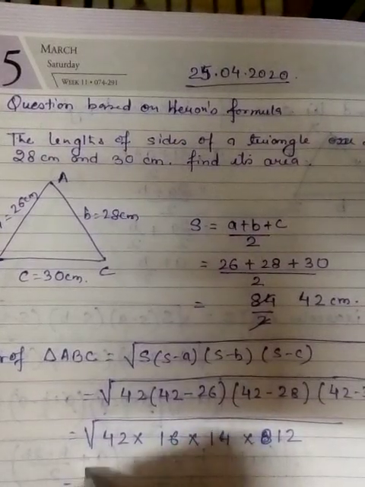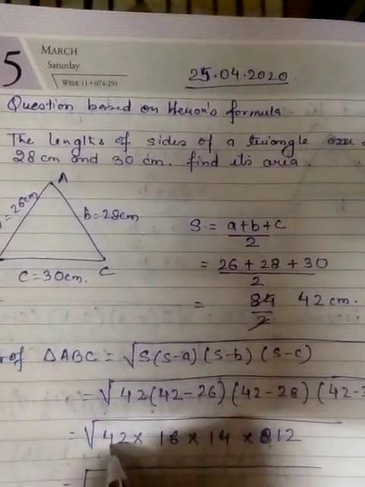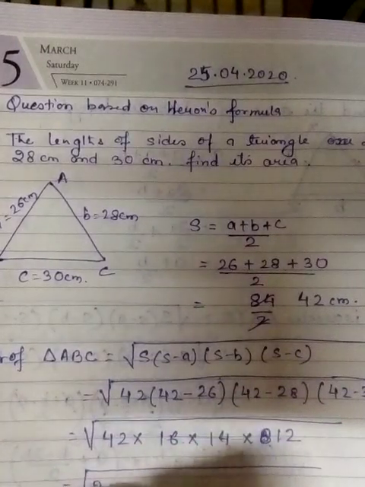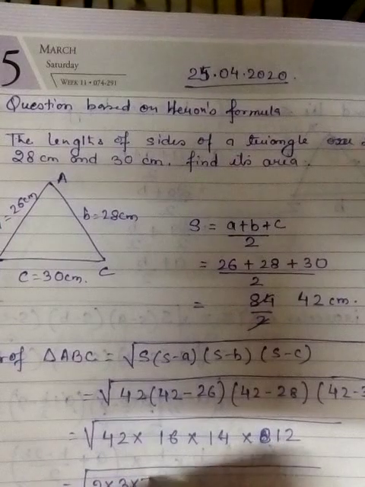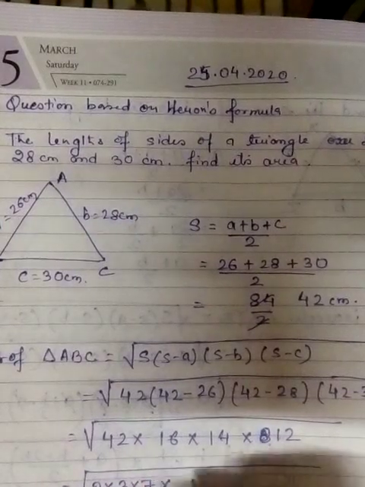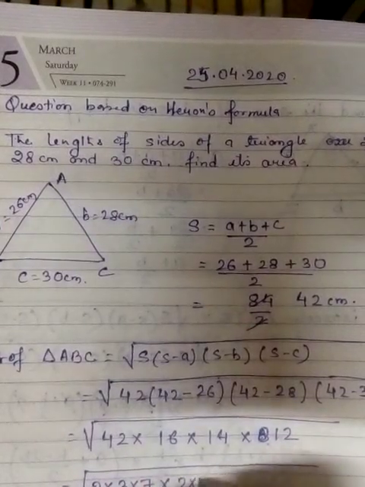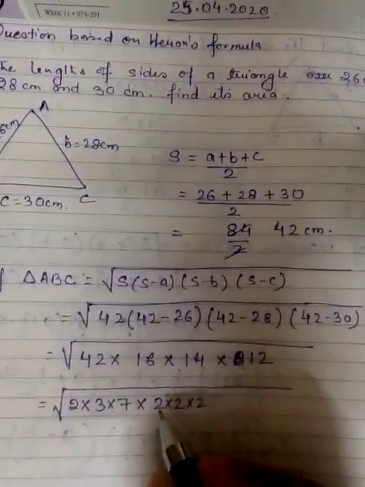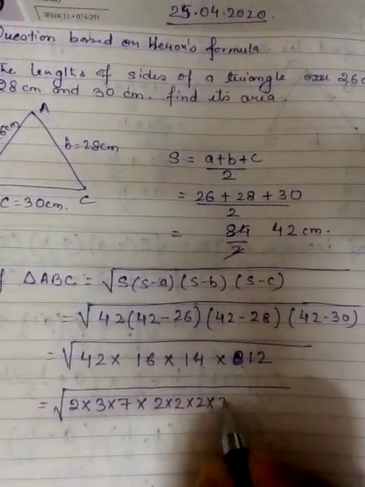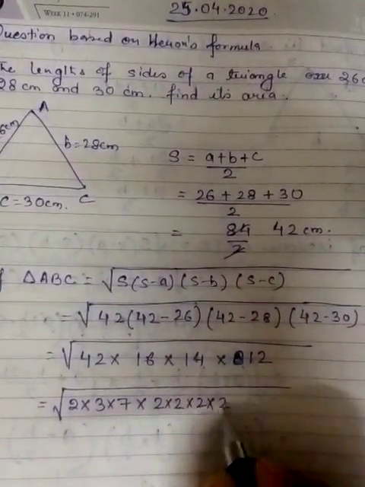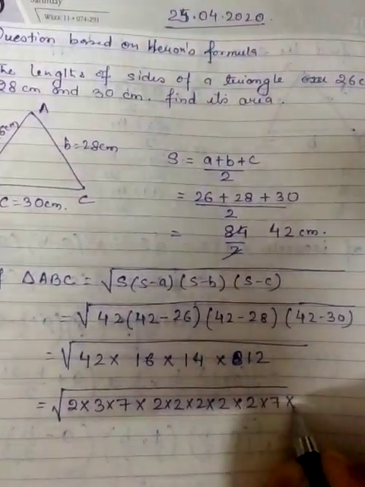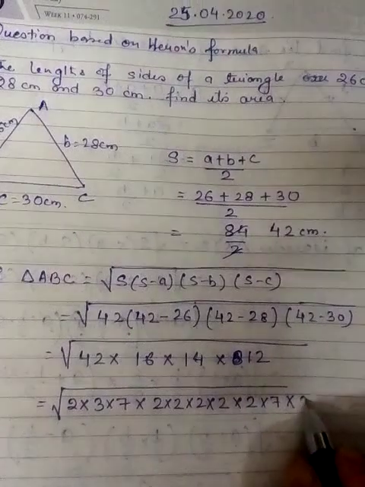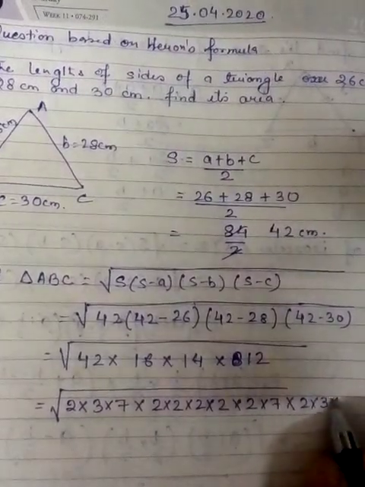now I have to factorize all these terms. So 42 can be written as 2 into 3 into 7. 16 can be written as 2 into 2 into 2 into 2. 14 can be written as 2 into 7, and 12 can be written as 2 into 3 into 2.